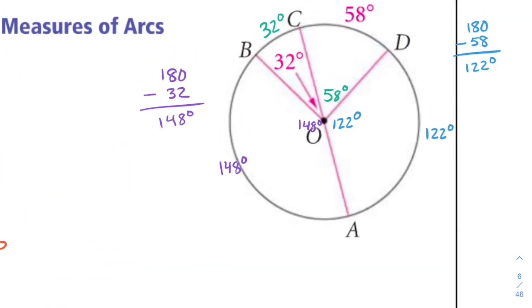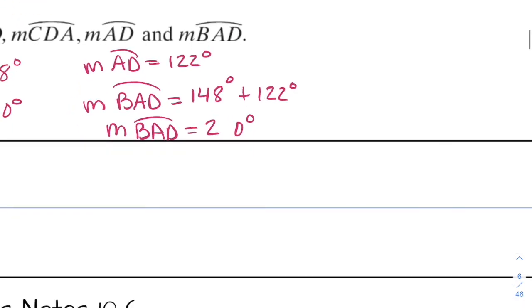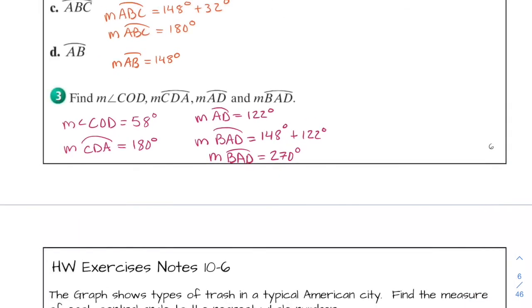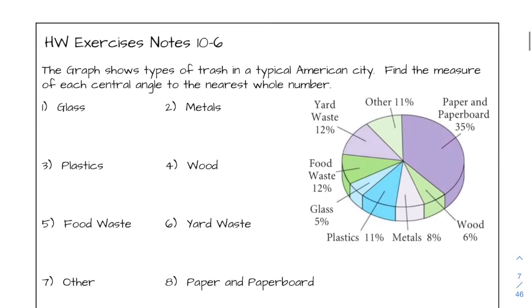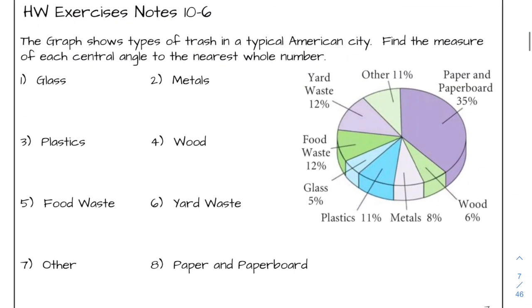BAD is 148 and 122. So that's not 290. That's 260, 270 degrees.